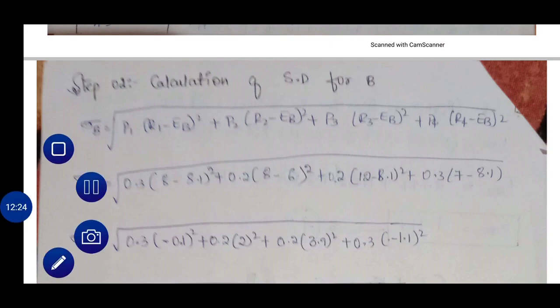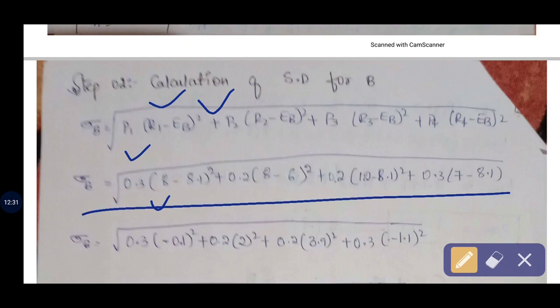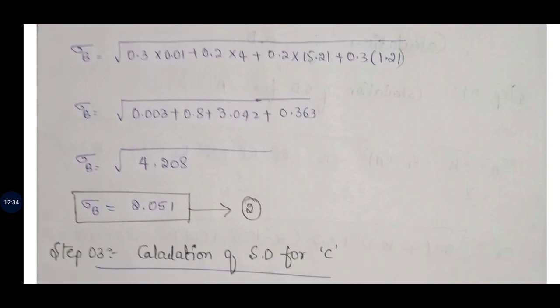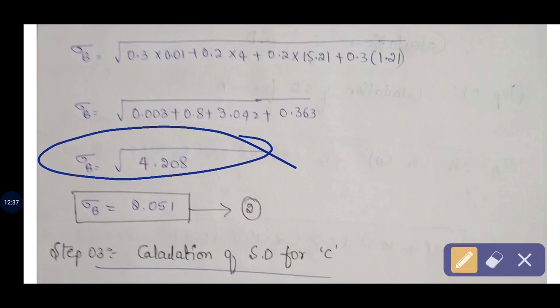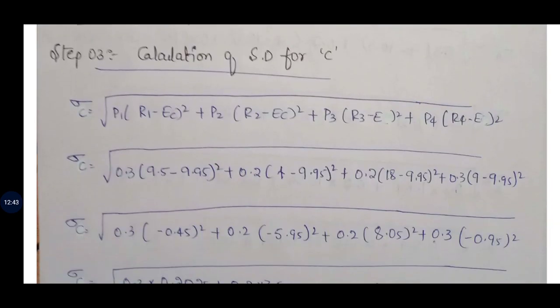P1 is 0.3, R1 is 8, expected return is 8.1. So same, we have to take all the values. After calculating the square root, the answer is 2.05.